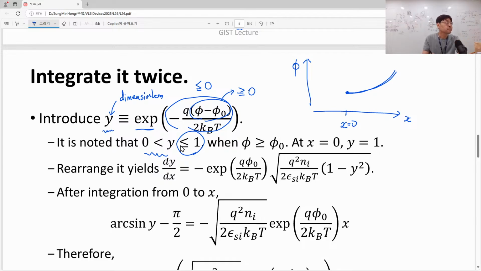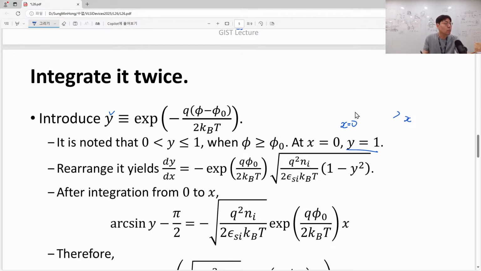Okay, so that is shown here. And at x equal to 0, of course, the exponent becomes 0, so we have y equal to 1. This is quite understandable. And now, using this new y variable, we can write down our electric field expression in this way.